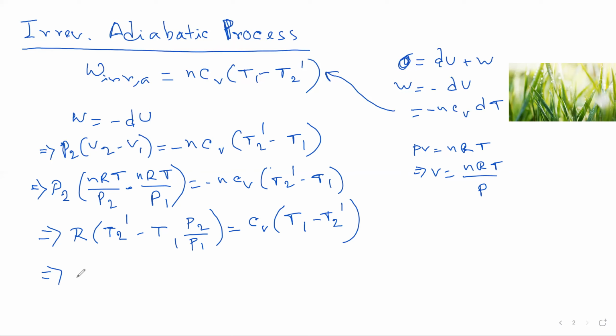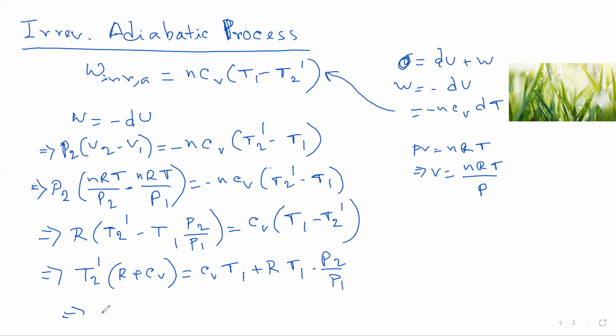So you can write T2 prime into R plus Cv equals Cv T1 plus R T1 into P2 by P1.